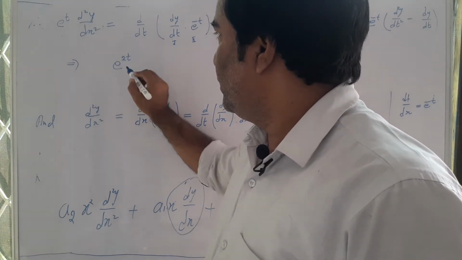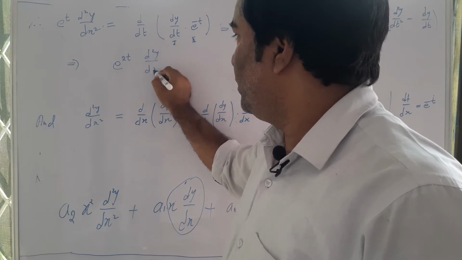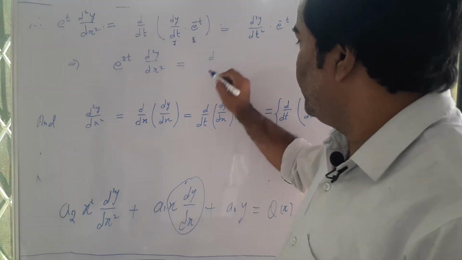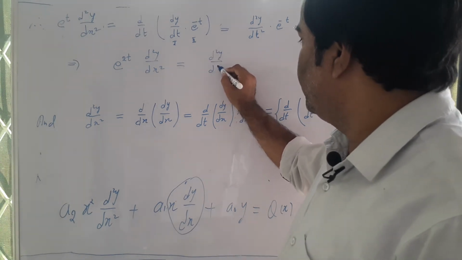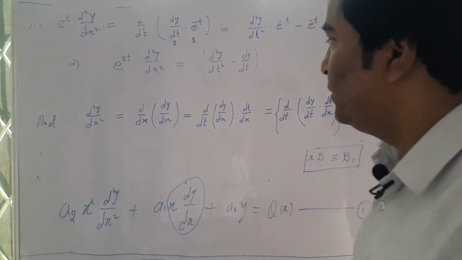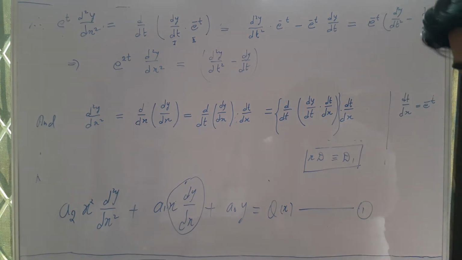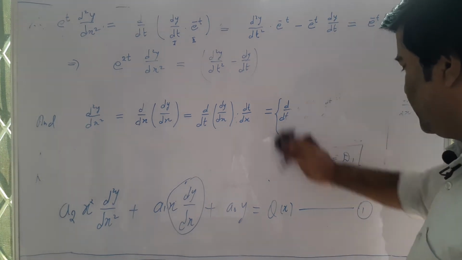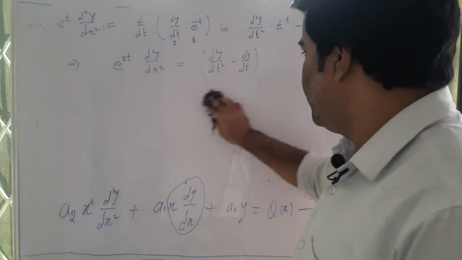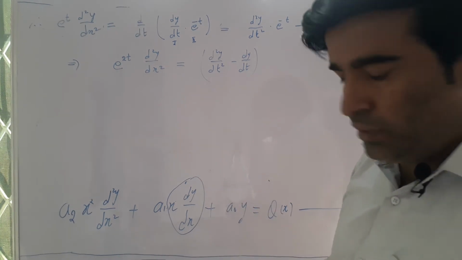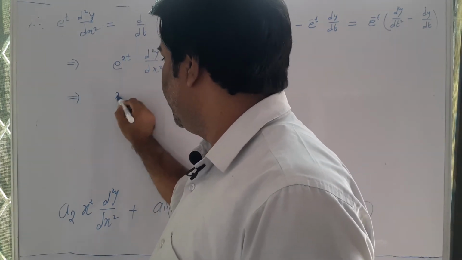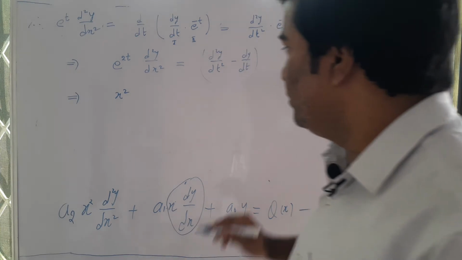Here we have e to the power t dt d square y over dx square is equal to d square y over dt square minus dy over dt. And now here we replace only, we know that the value of e to the power t is x, so this becomes x square.